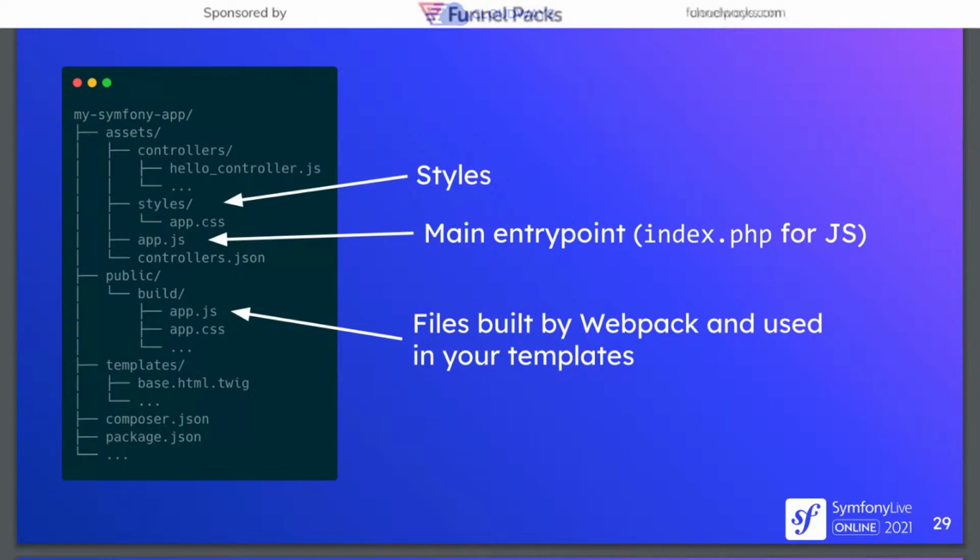So we have styling, CSS files. We have a first main entry point. That's what we were referring to when we were calling the script tags. The main entry point is app.js here. And we have the files that are actually built by Webpack in public build because they are exposed publicly.